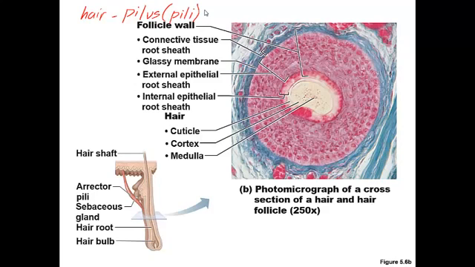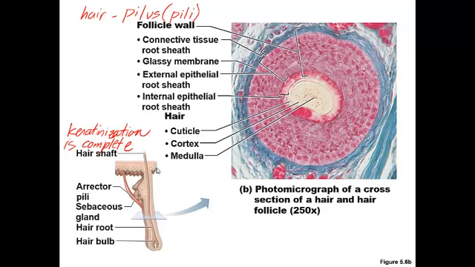The main regions of the hair are the hair shaft, the region where the keratinization is complete, where there is an abundance of the keratin that has been produced.